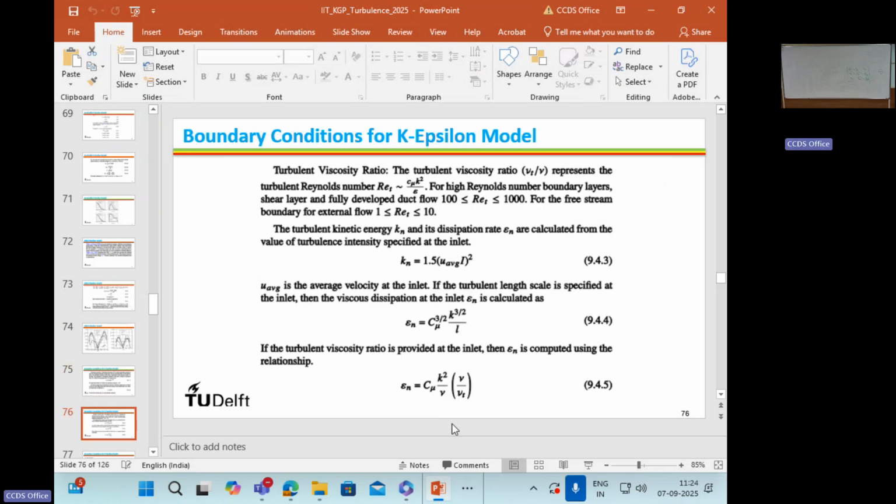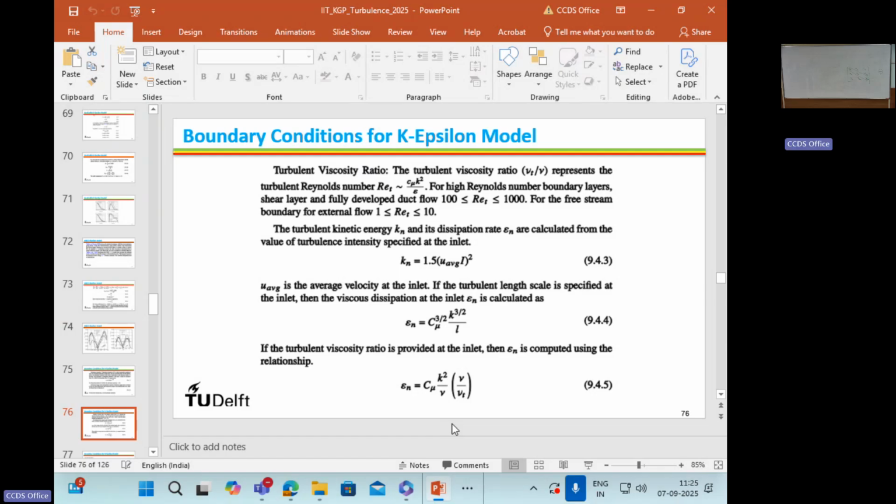Similarly, this is the boundary condition for K and epsilon, right? At the inlet, n stands for the normal direction to the boundary, right? So there are several methods. Once you calculate the intensity, from the intensity you can calculate the average velocity times intensity squared. If you do it, you will find the kinetic energy.